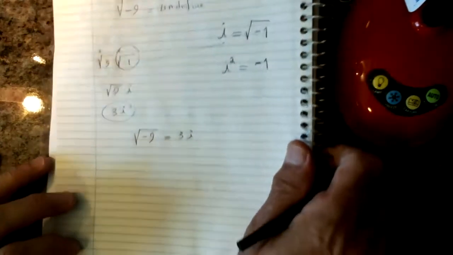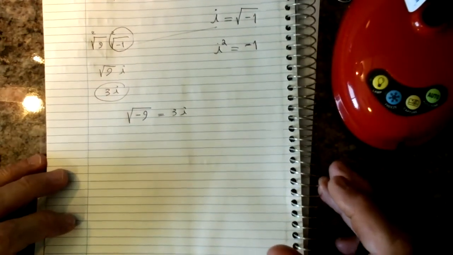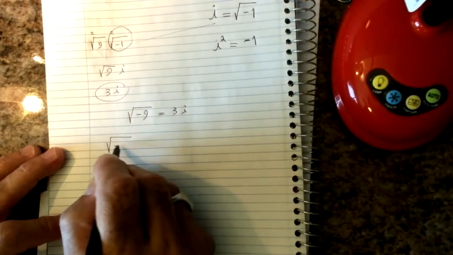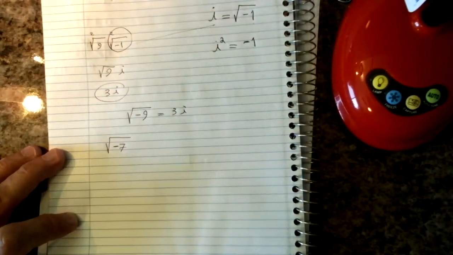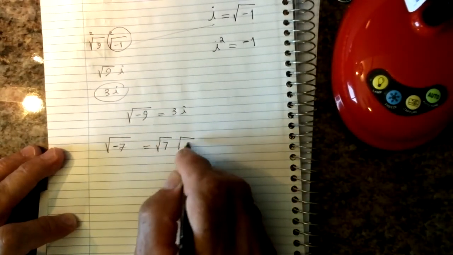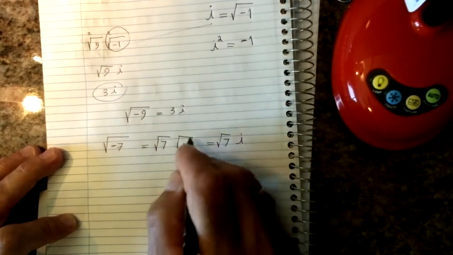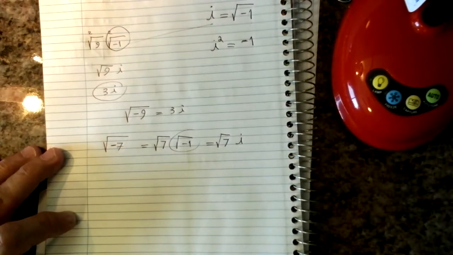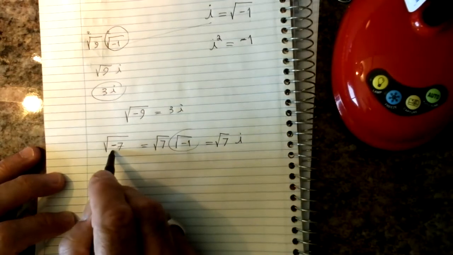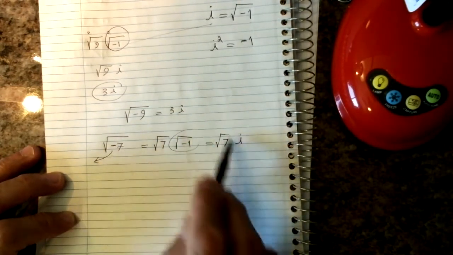So we use that property to remove the negative from a radical with an even root. Like, what is radical -7? You write it as radical 7 times radical -1, or radical 7 i. As long as you understand that by removing the negative from the radical you just put an i, we don't have to go through this process.